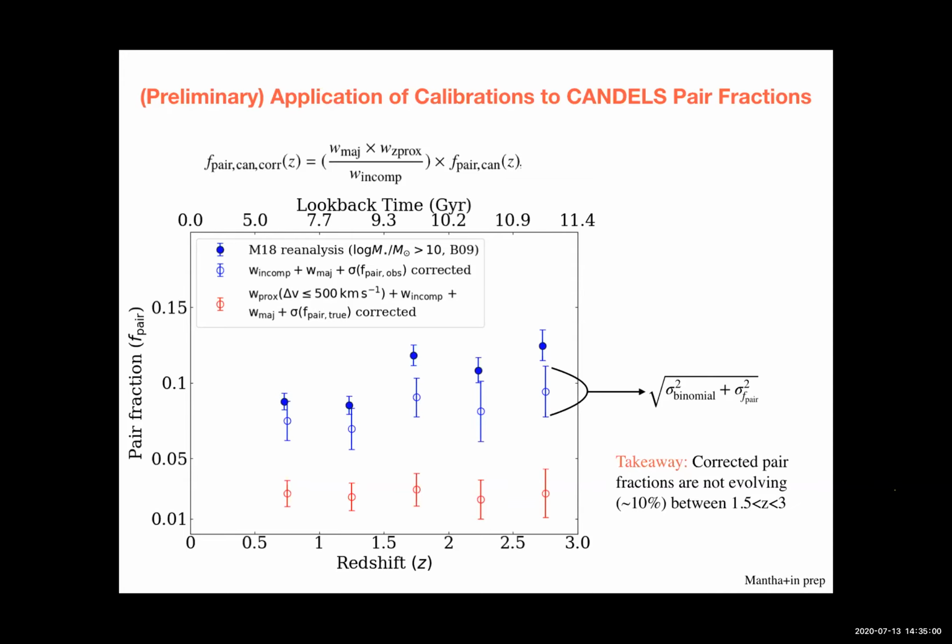But we are using that as a tool to infer what the spectroscopic pair fraction evolution would be, so I don't know if it would be 100% appropriate to directly compare both of them together. A more appropriate comparison would be to look at the difference between the solid blue points and the open blue points. In that case, the major contribution is from the stellar mass errors scattering the major pairs in and out of the window. Okay.